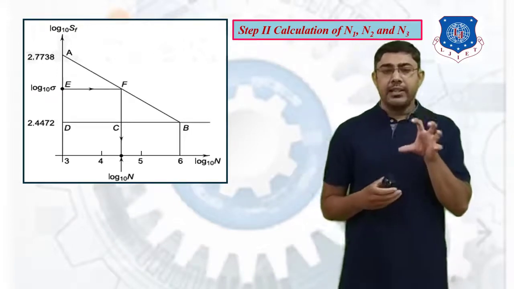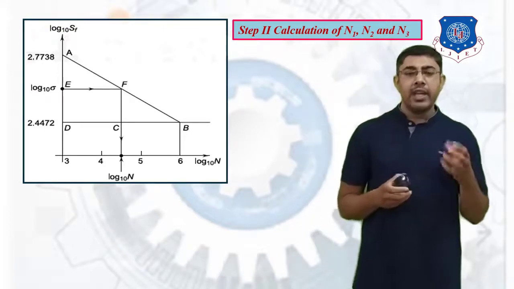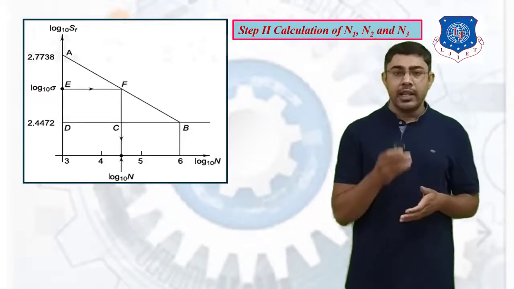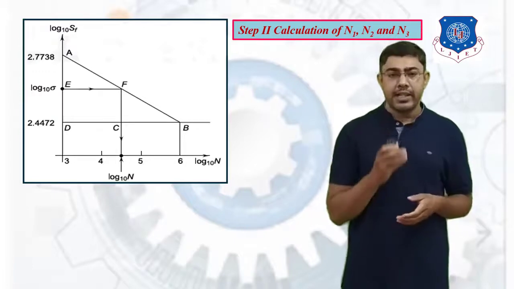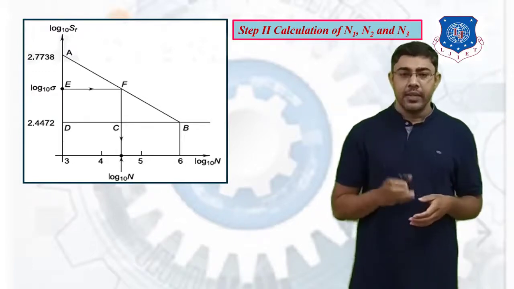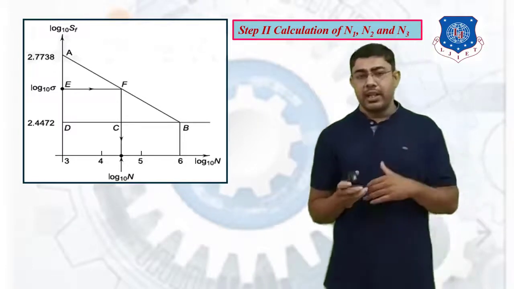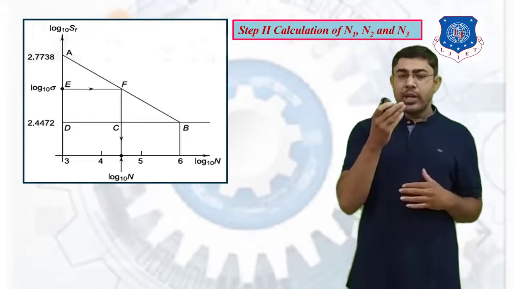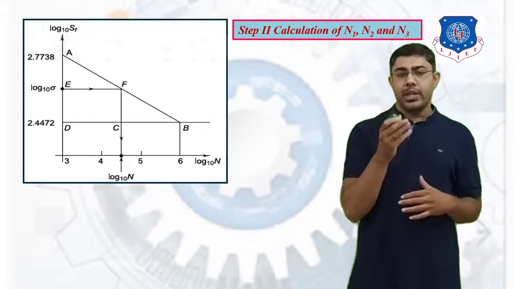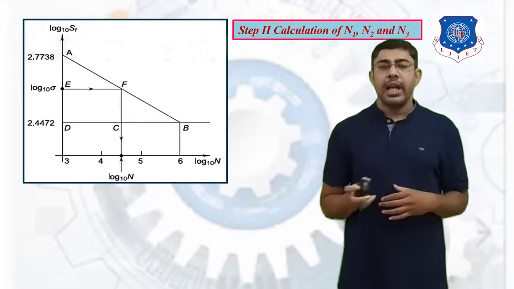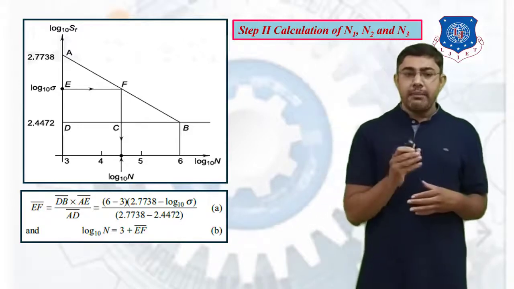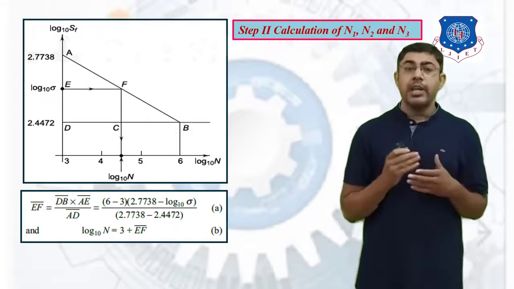To calculate the value of EF, we use the law of similarity between triangle AEF and triangle ADB. By the law of similarity, AE upon AD is equal to EF upon DB. Simplifying, EF is equal to DB into AE upon AD.